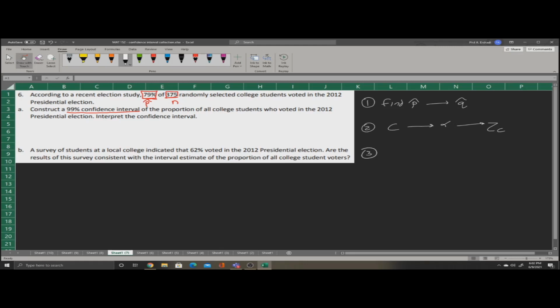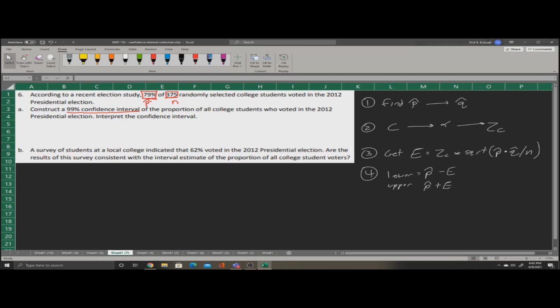Step 3 is to get error. The error, again, is z-critical times square root of p hat times q hat divided by n. We'll be getting our lower bound, which is p hat minus error, and the upper bound, which is p hat plus error.